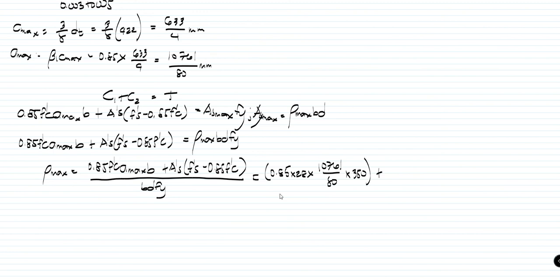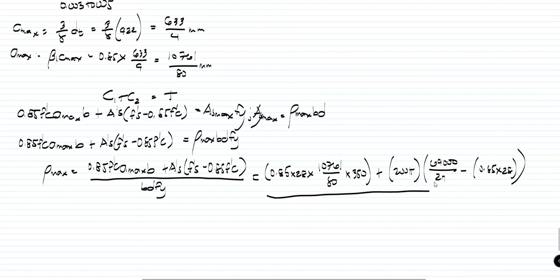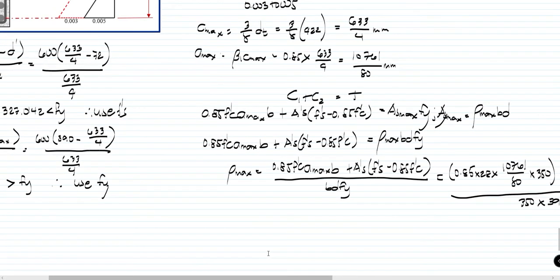Tapos plus yung 200 pi, which is multiplied by 69,000 over 211 minus 0.85 times 28 divided by B, which is 350 times 390 na D times Fy na 440. From this one, we could have a raw maximum equivalent to 0.023199. And as you can see, this maximum steel ratio is for Doubly.